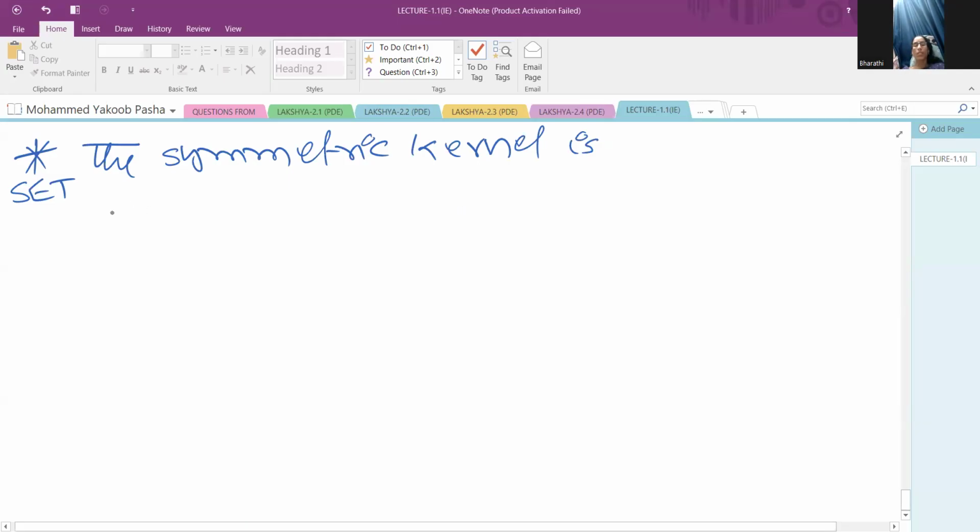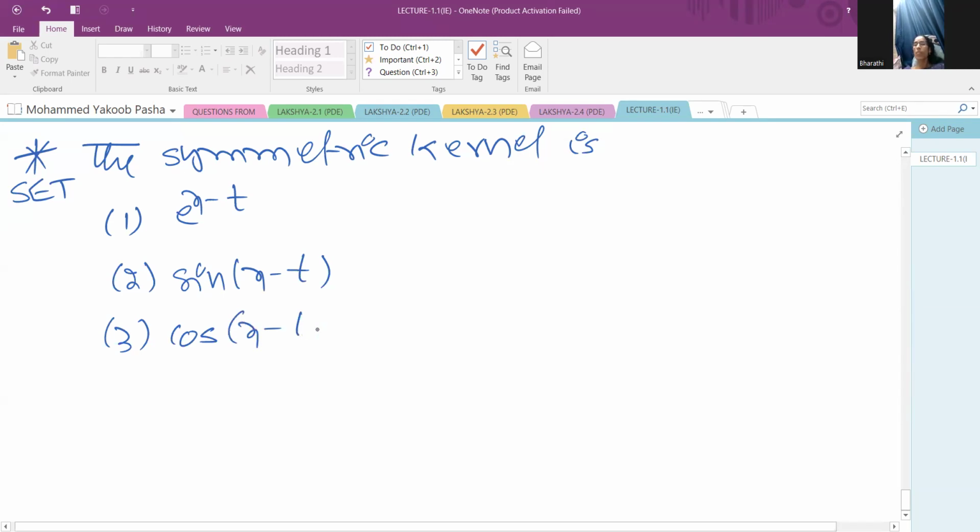We have four options. First option, e to the power of x minus t. Second option, sin x minus t. Third option, cos x minus t. And fourth option, x plus 1 divided by t plus 1.